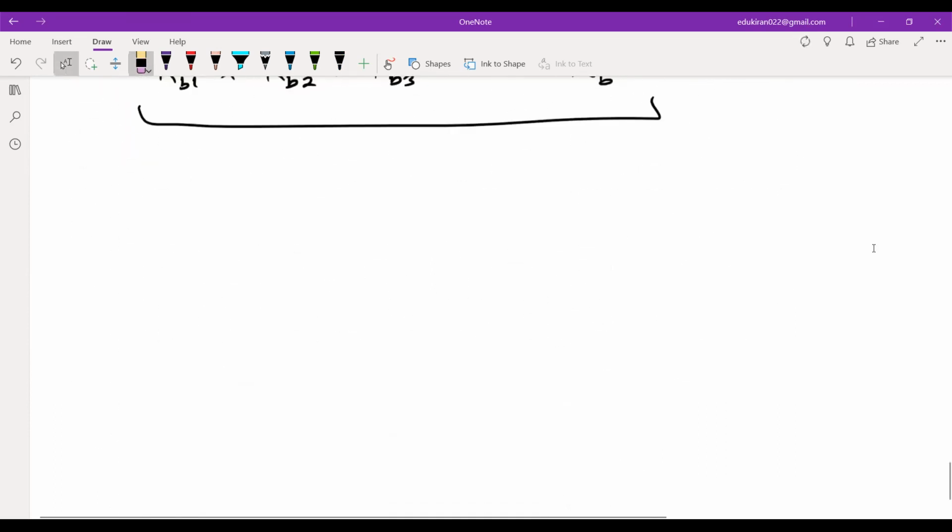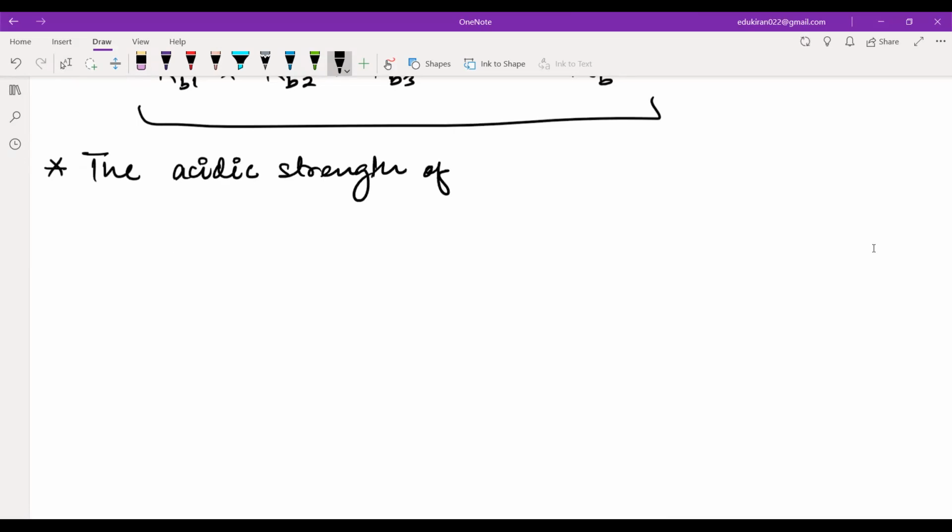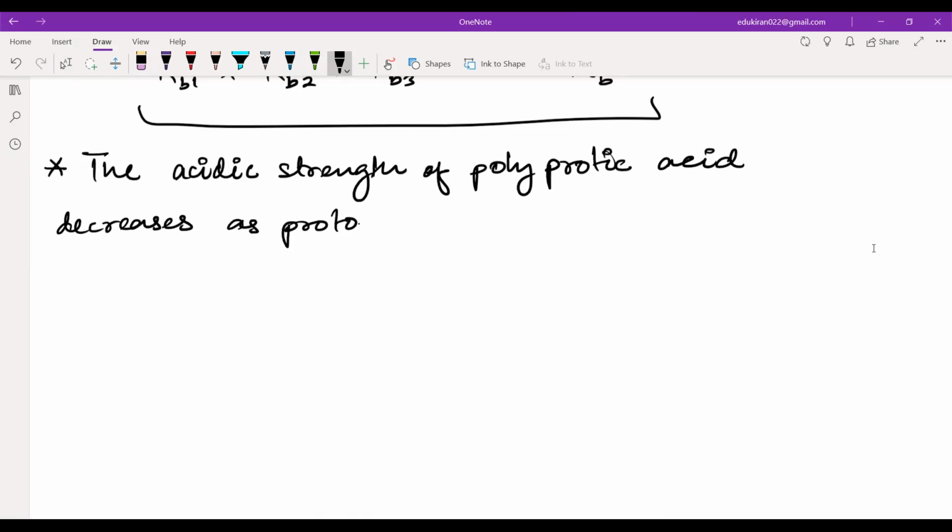So we can write a generalized note. Please write: the acidic strength of polyprotic acid decreases as protons are lost.